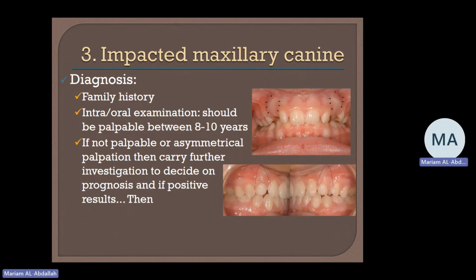Especially if there is a family history of impacted canines or dental anomalies, these are alarming factors, right? So if there is asymmetry, as we said, or no bulging, then we take further diagnostic methods like radiographs in order to assess the problem. This is the area of bulging of the canine, as you can see.